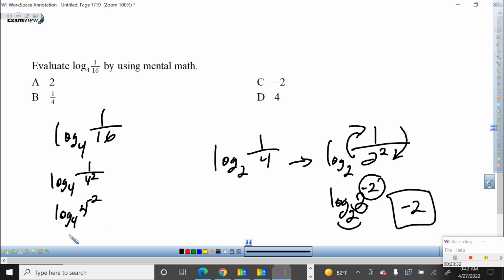Four to the -2. So correct answer for this one is C. Hands if you got C. That is correct. How are we doing? Yes? Okay. All right, let's move on. That was number 26, was it? 27. Let's go to 28.